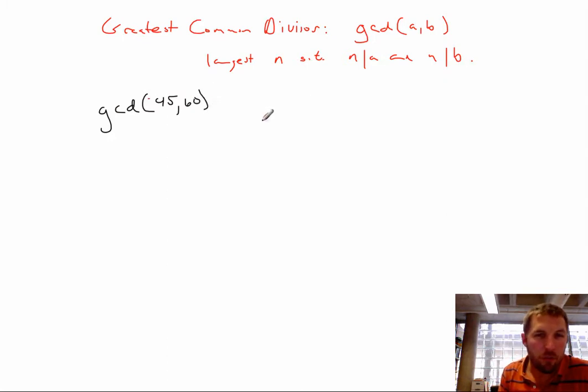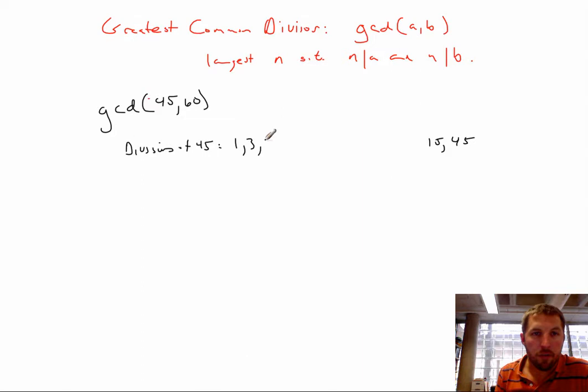Okay, so without a better method at hand, let's just list the divisors. Divisors of 45. We got 1, and I'll put 45 out here. Then 2 doesn't go in. 3 does go in. 3 goes in 15 times.